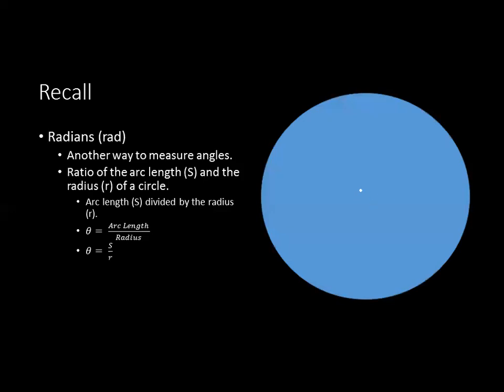So for example, you have a given central angle, then of course, you have these two line segments, which are your radii, or in singular, your radius. Then this arc, which is intercepted by the central angle, is your arc length, represented as S. Just basically divide S by R to get the angle in radians.